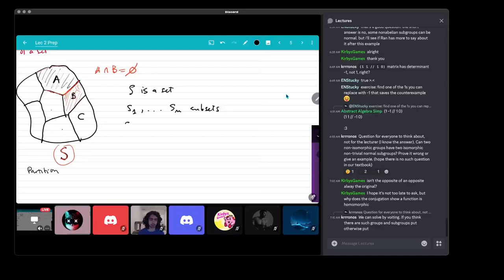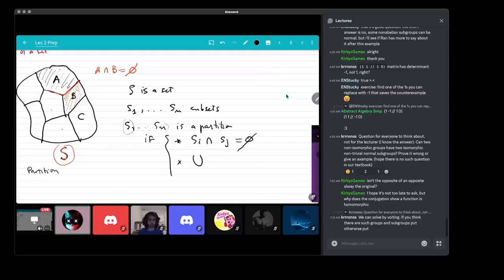We say that S1 to Sn is a partition if I take two arbitrary Si and Sj, their intersection is empty, so it means they do not overlap in the picture.